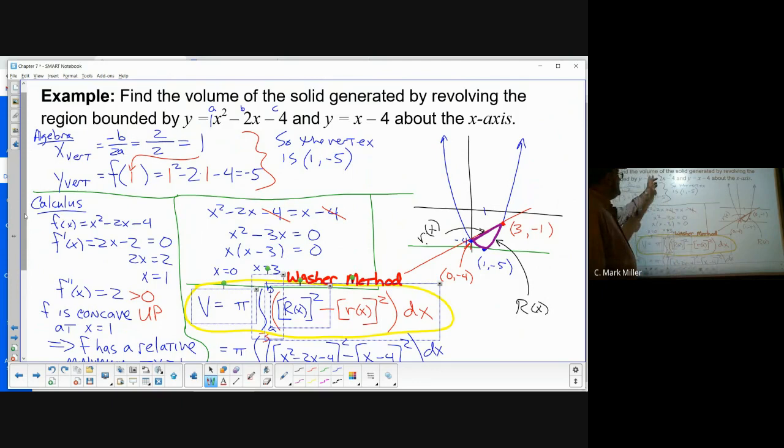If I were to move each of these up 4, what would I have? If I were to move this one up 4, I would have x squared minus 2x. If I would move that one up 4, I'd have y equals x. That's exactly the next problem. So it makes sense that it would be the same volume, right? So if I go back to the last problem and I move each of those functions up 4 units, those constants go away.